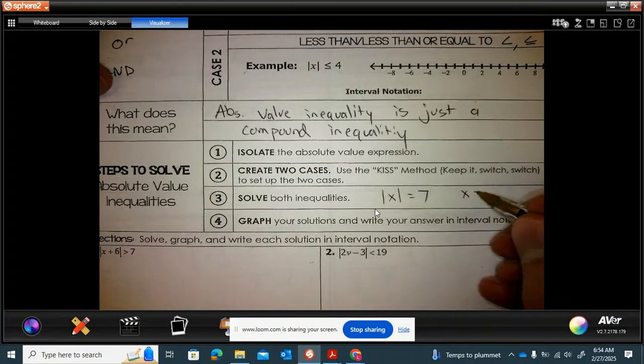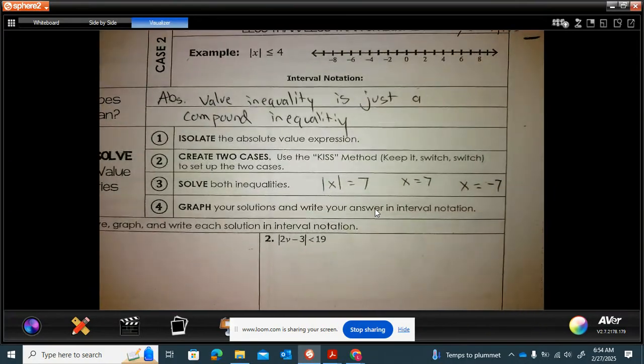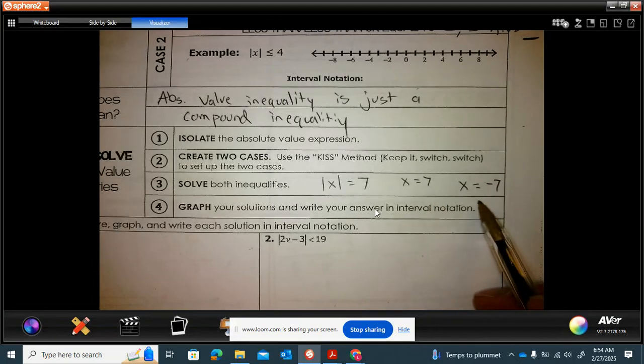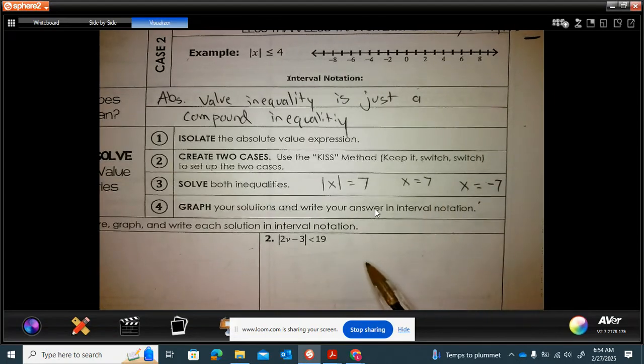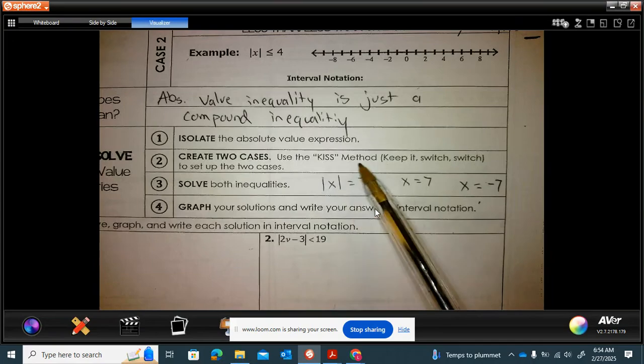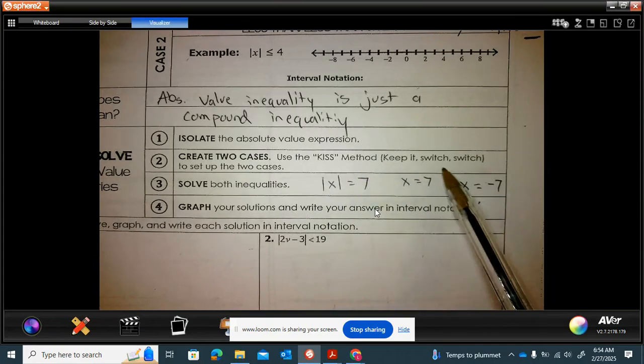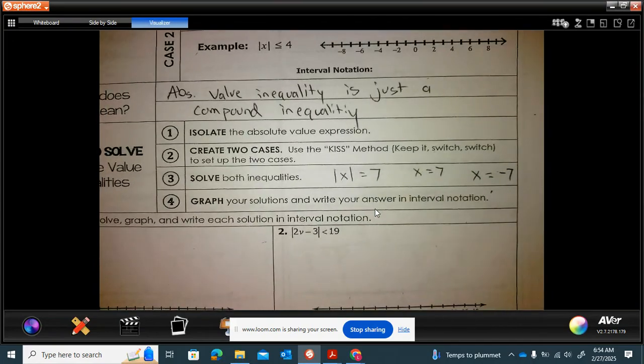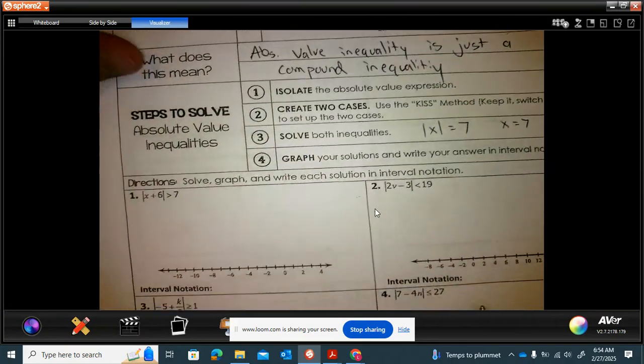You set up the positive case and then you set up the negative case, and my two answers are positive 7 and negative 7. The same is kind of true for an inequality, but there's one rule that's different. Use the KISS method: keep it, switch. I'll show you what that means in a second.